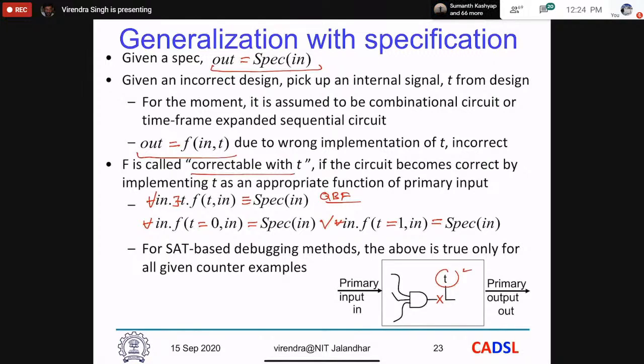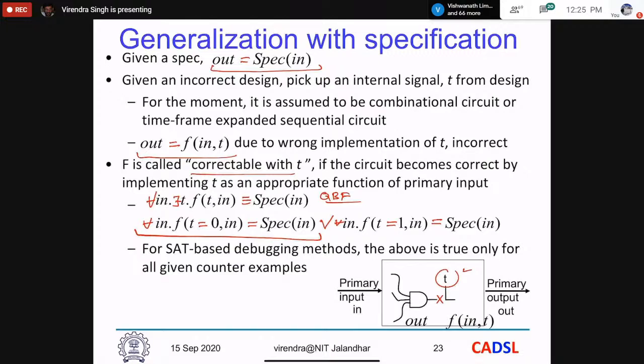Either T can be 0 or T can be 1. This is my pure SAT formulation that I use when I tie this input T with permanent 0, this one with permanent 1, and then check whether the circuit is correct with my specification or not.